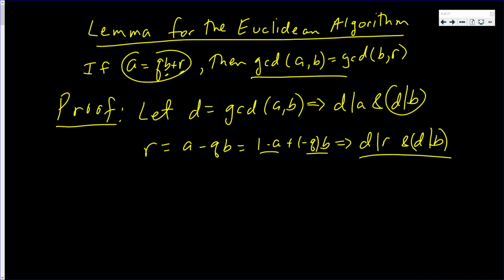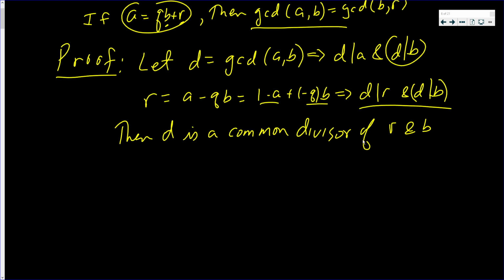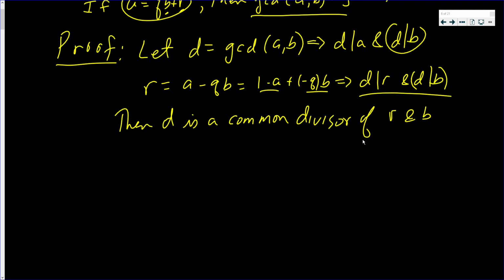Well, if D divides both R and B, then D is a common divisor of R and B. Now I just want to show that D is the greatest common divisor of R and B. And you do that by coming up with another common divisor.